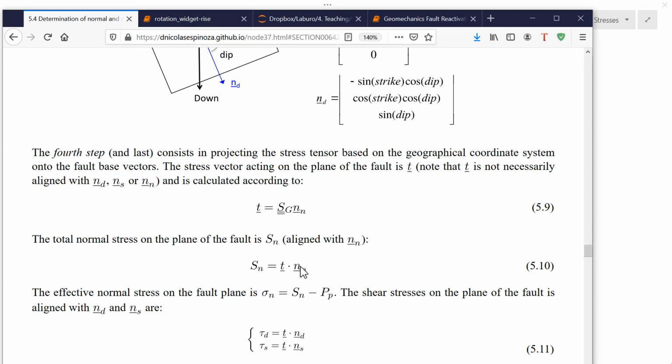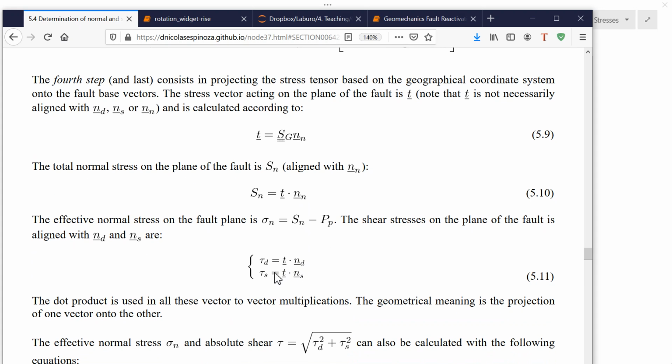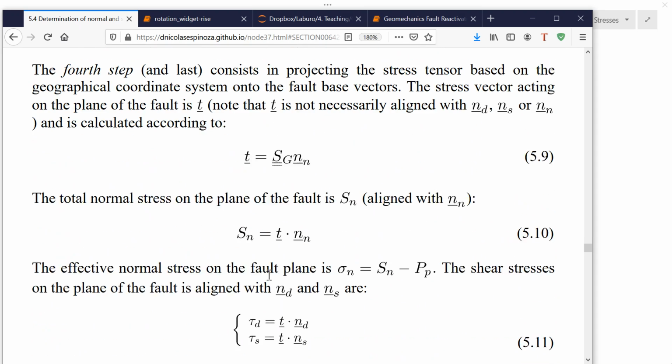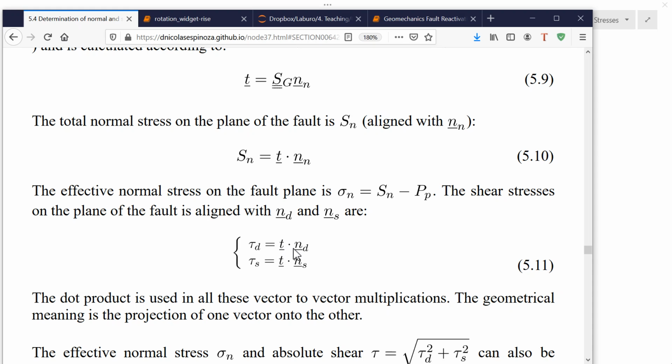And finally, here we can calculate the direction of shear stress on the direction of the dip and on the direction of the strike. And let me zoom in. These are going to be T projected on the direction of the dip and T projected on the direction of the strike, mathematically represented by a dot product.